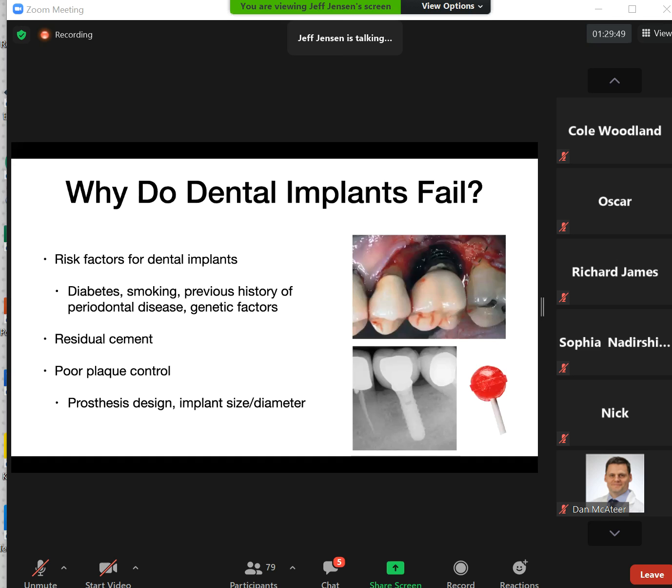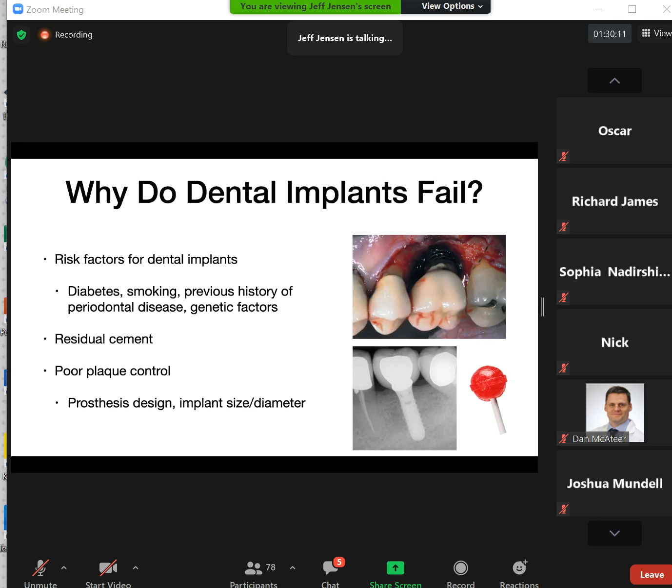We touched on some of this as far as risk factors for dental implants. Diabetes, especially uncontrolled diabetes, smoking, periodontal disease, and other genetic factors, meaning a propensity for inflammation, poor healing, those sorts of things. Residual cement is a big one.